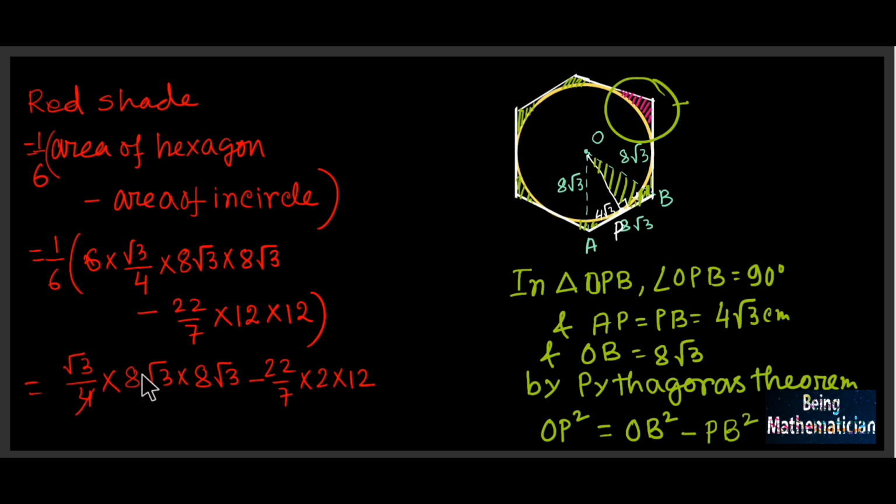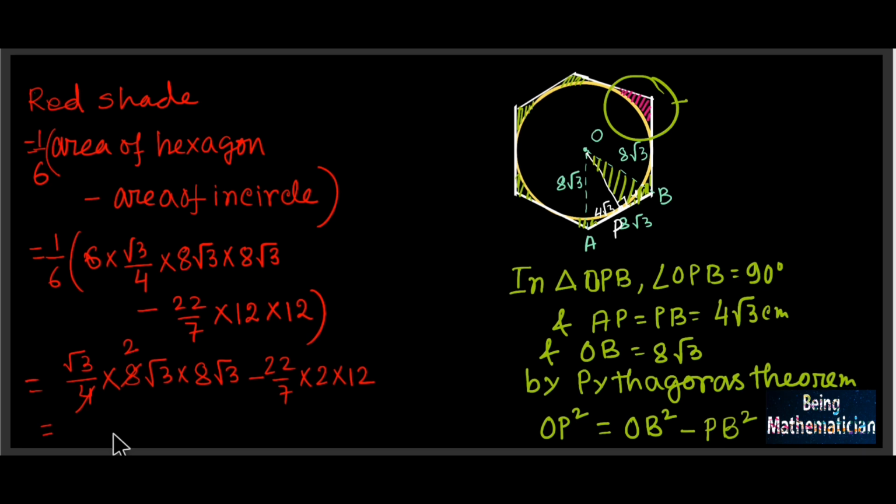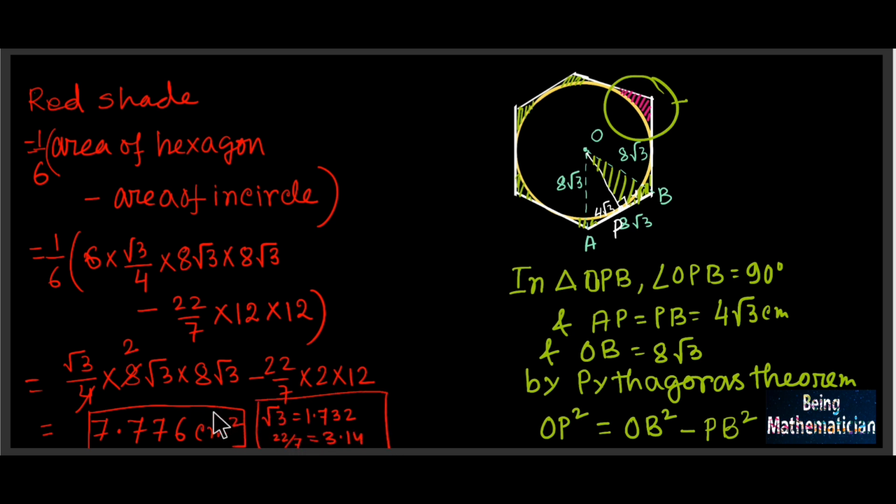Now let's simplify this expression. Now it simplifies as 7.776 centimeter square approximately, where root 3 is taken as 1.732 and 22 by 7 taken as 3.14. Now it is our answer.